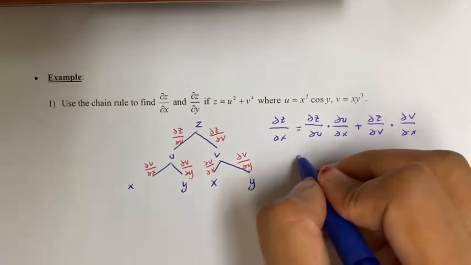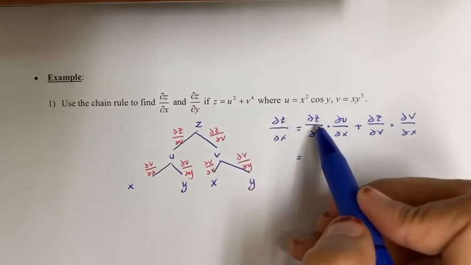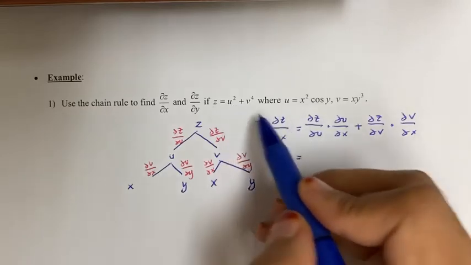Okay, now to solve this, find del Z over del U from here.